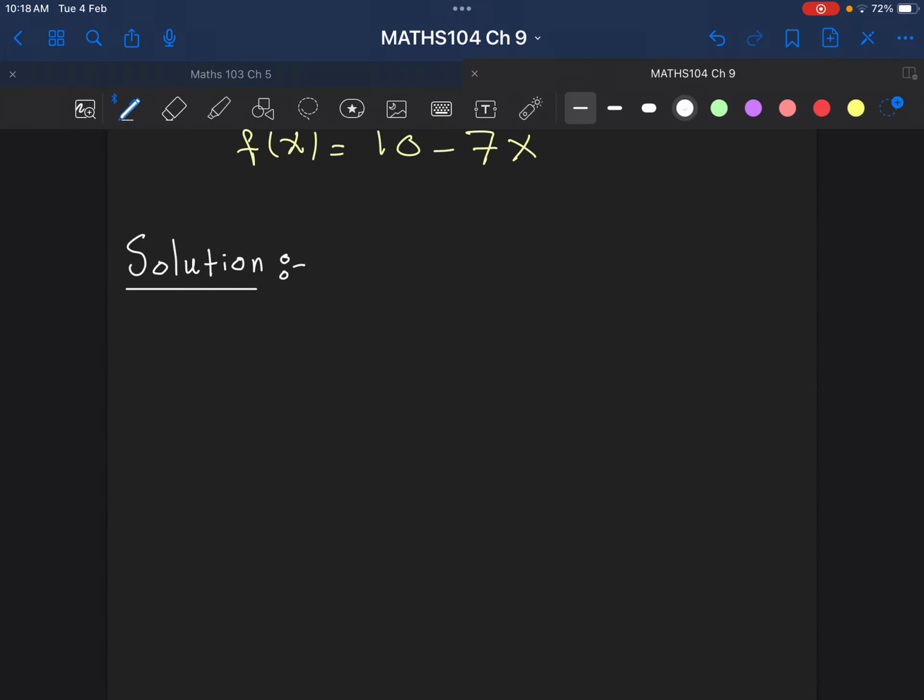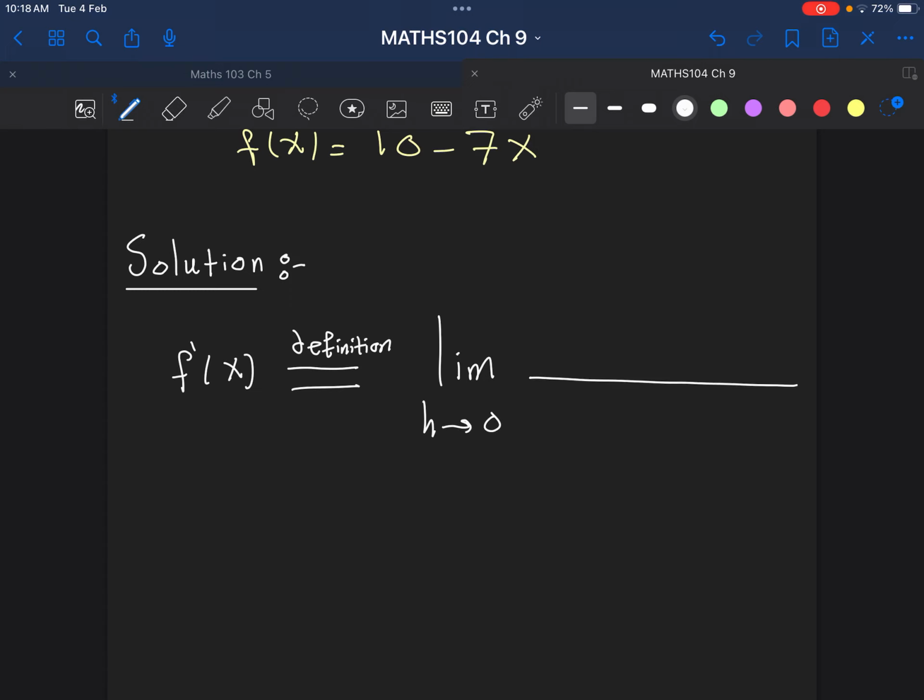So if we start directly, we need to write what we mean by definition of derivative. The definition of derivative will be just the limit as h goes to 0, and then here we have f of x plus h minus f of x divided by h.